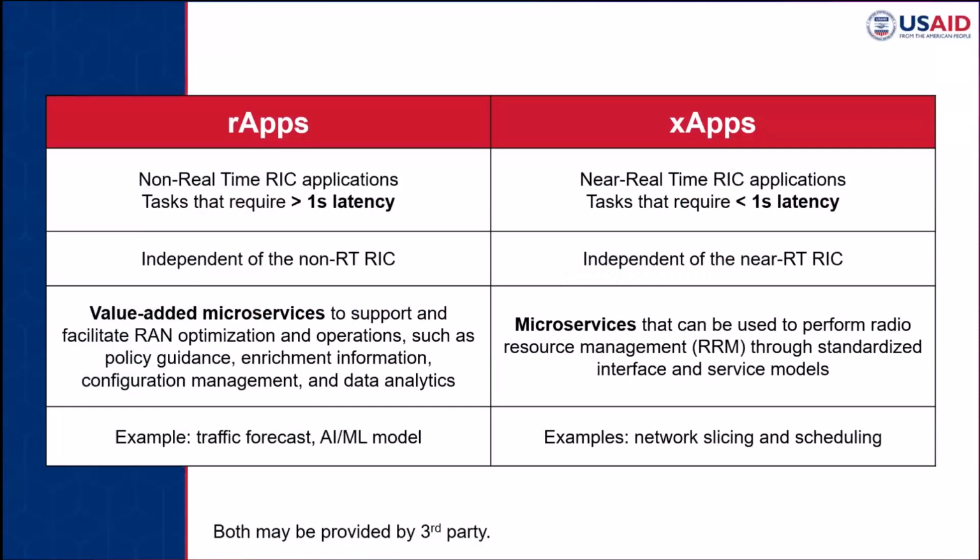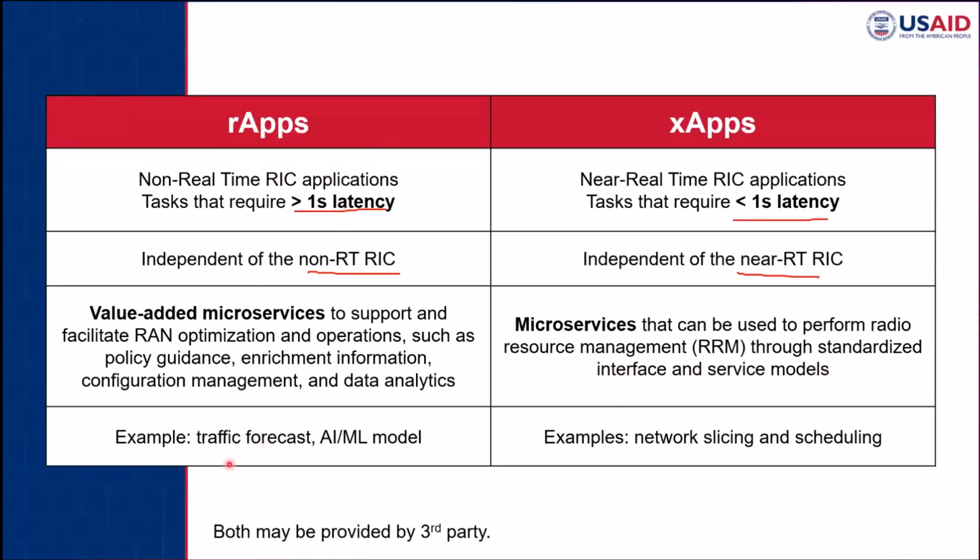Another comparison: rApps have greater than 1 second latency, xApps less than 1 second latency. rApps are independent of the non-real-time RIC, while xApps are for the near real-time RIC. The rApps are value-added microservices to support and facilitate RAN optimization and operation, such as policy guidance, enrichment information, configuration management, and data analytics. xApps can be used to perform radio resource management, RRM, through standardized interfaces and service models.